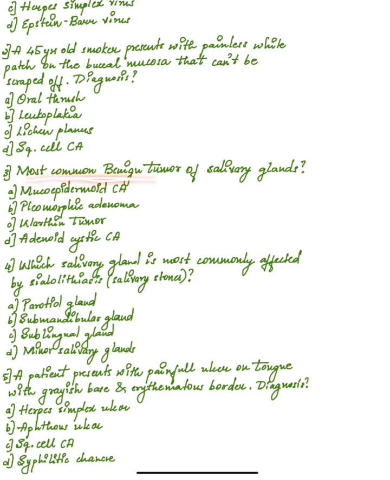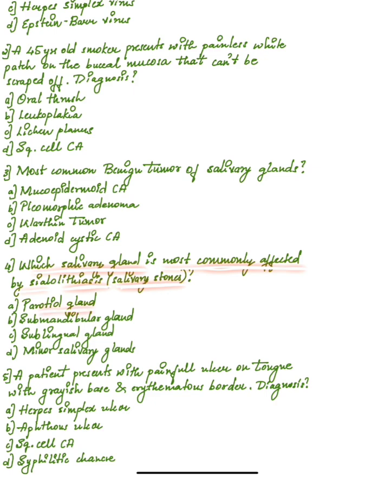Most common benign tumor of salivary glands: option A, mucoepidermoid carcinoma; pleomorphic adenoma; Warthin tumor; adenoid cystic carcinoma. Which salivary gland is most commonly affected by sialolithiasis, that is salivary stones?